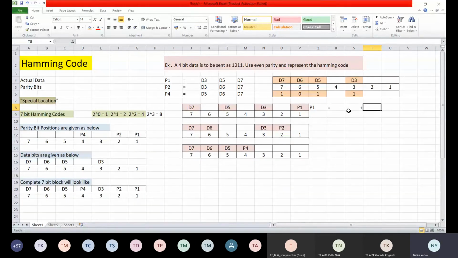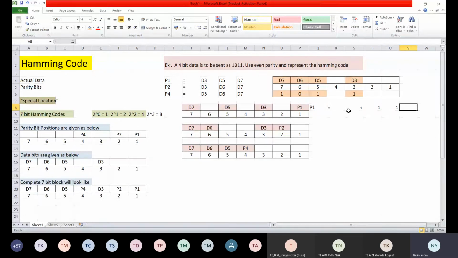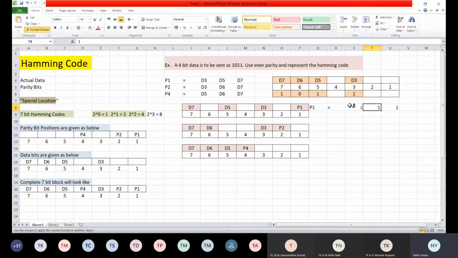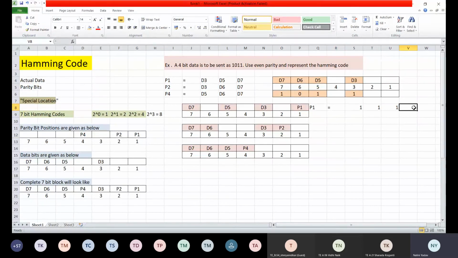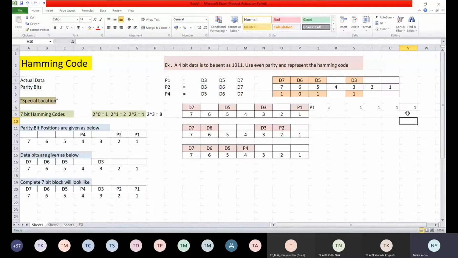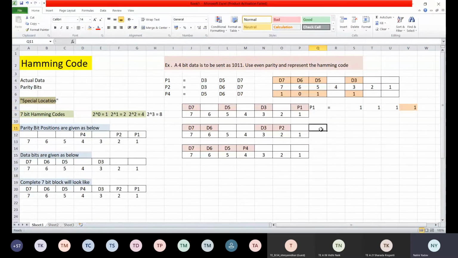Then we have D5 पे भी 1 and D7 पे भी 1. Correct. So to make it an even parity, we need to add one more bit, 1. So 1 हो गया even parity करने के लिए. Correct. So P1 का वैल्यू क्या आ गया? 1 आ गया.